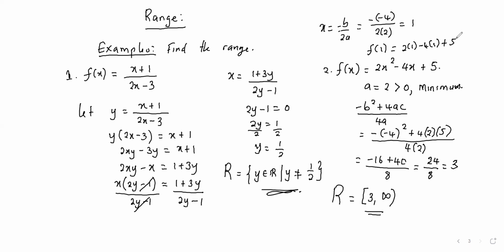So whenever you use x is equal to negative b over 2a, the answer you get is not what you put in the range. The answer you get, you substitute in the function f, and the value you get is what you are taking in the range. So this is how we get the range.